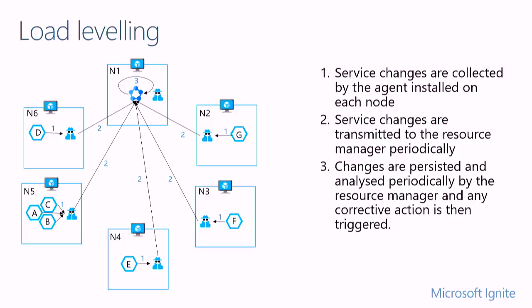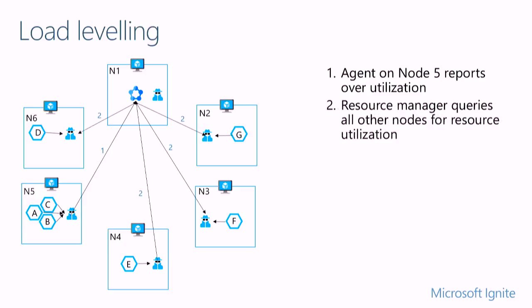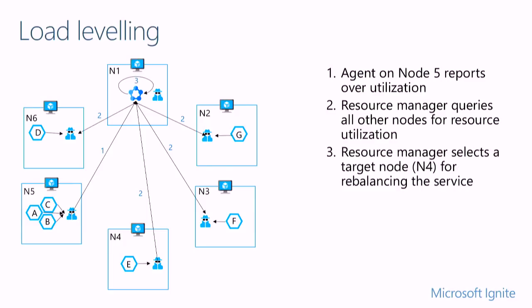How Service Fabric handles this situation is when the load consumption is reported by the agent to the Service Fabric cluster manager. Service Fabric cluster manager then queries rest of the nodes for how much of resources they have to spare. And then it makes a cognitive decision on which node it can displace the service to, and then slowly move that service to another node without impacting the quality of service or without degrading the performance.